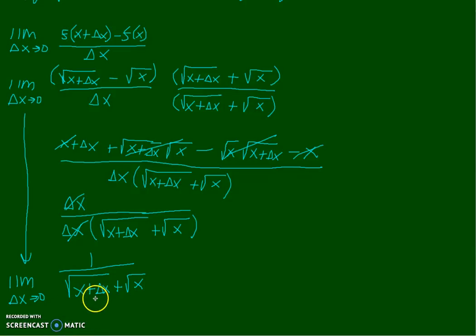As we take our limit as delta x approaches 0, this term goes to 0, and we have 1 over the square root of x plus the square root of x, which is 1 over 2 square roots of x. And that's our derivative.